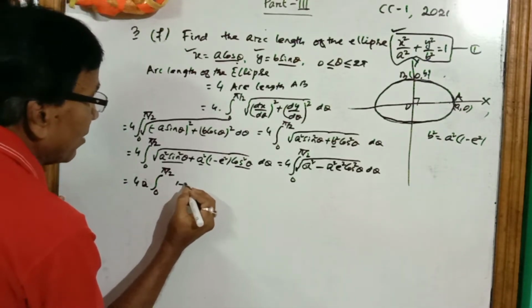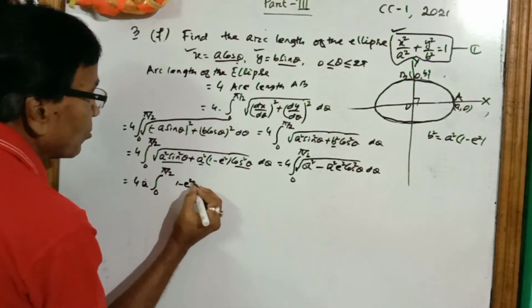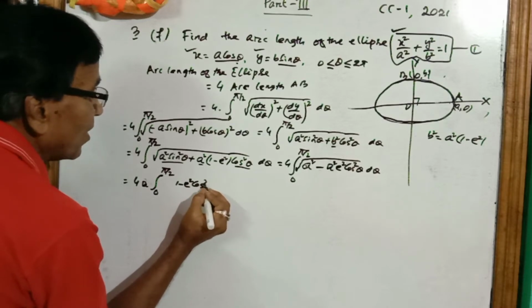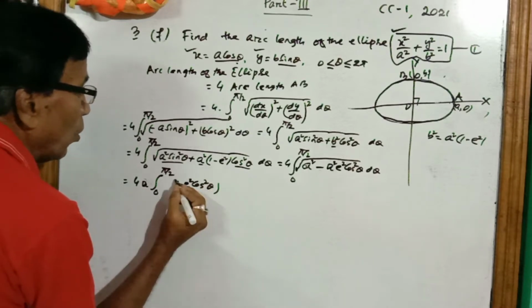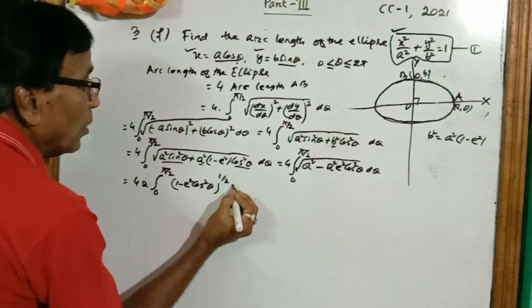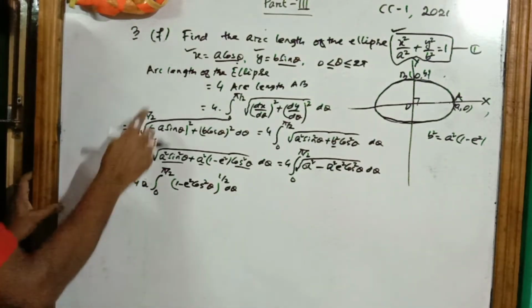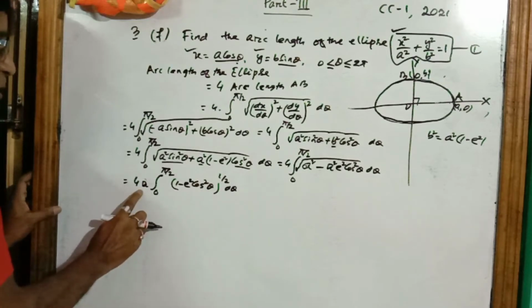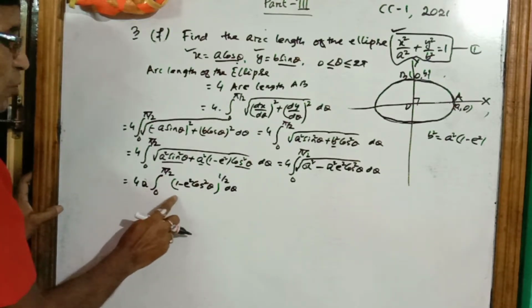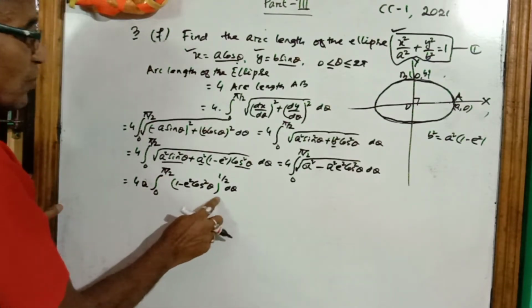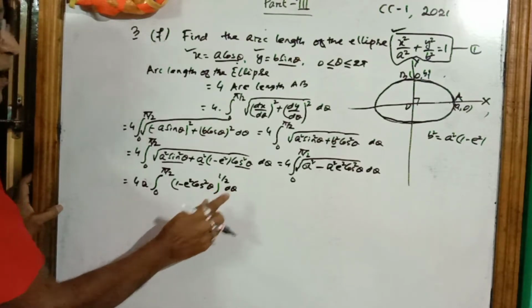So that can be written as (1 minus e squared cos squared theta) whole to the power half with respect to theta. So the arc length of the ellipse is given by 4a integration 0 to pi by 2 of (1 minus e squared cos squared theta) whole to the power half d theta.